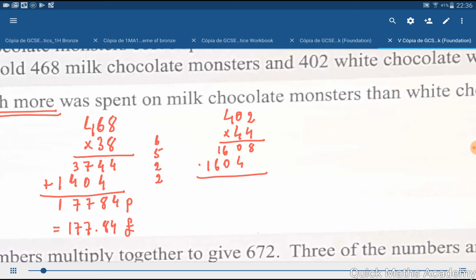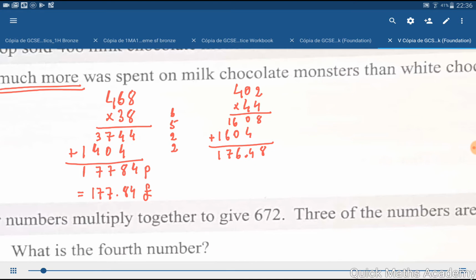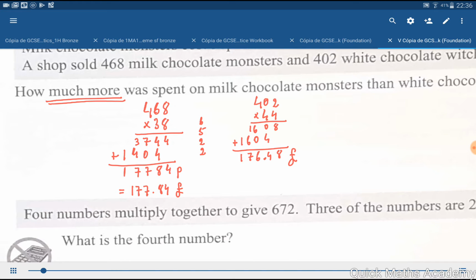Now let's add it up. I have 8, I have 4, I have 6, 7, and 1. Okay, so I have, oh sorry, this dot, this is in pounds. 176.48 pounds. Okay, so I can see immediately that I've spent more on the monsters than on the witches.